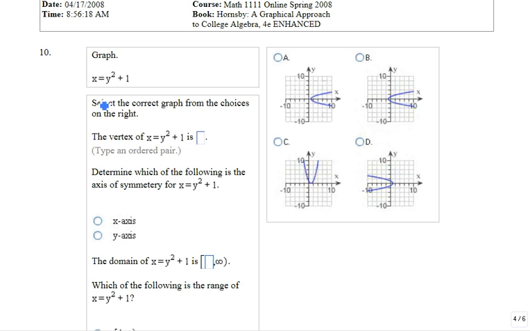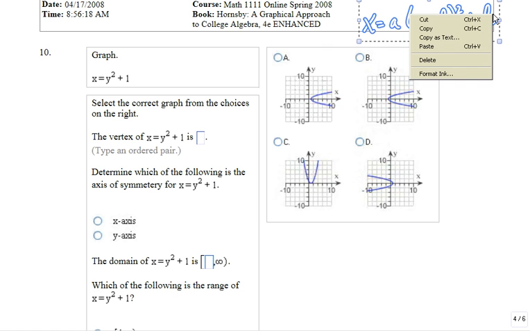Now we have x = y² + 1. So remember, this form is x = a(y − k)² + h. And so what are our values of h and k in this particular problem? Yeah, it would be 1, 0.